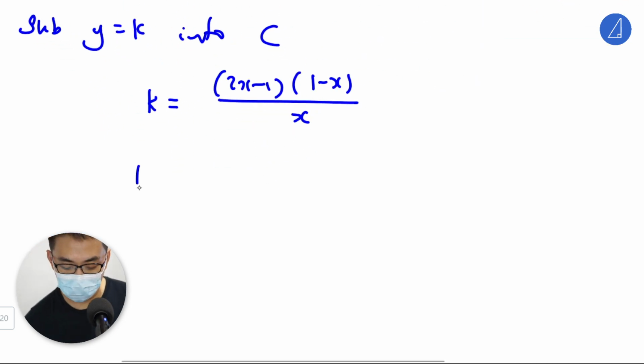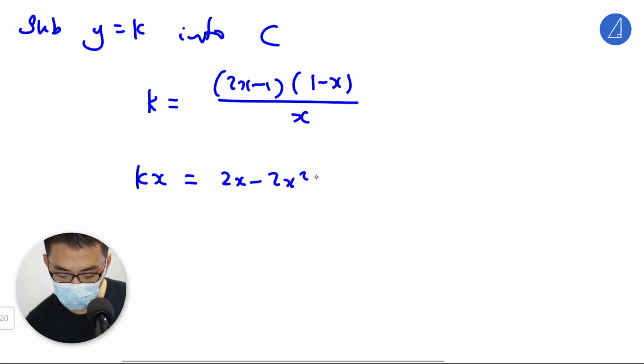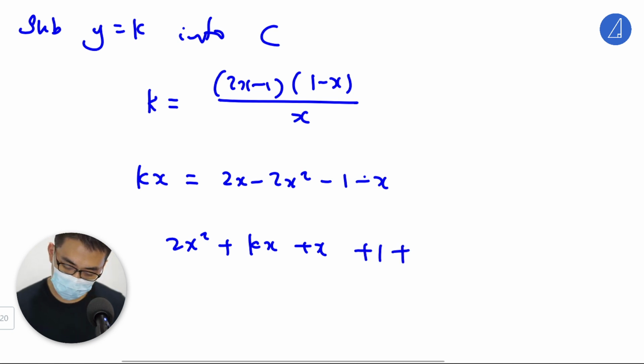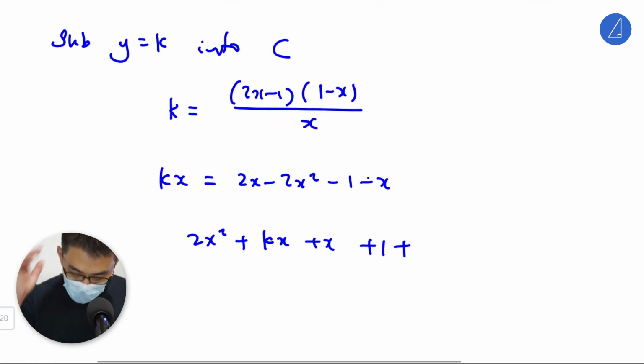Then you just expand. Then 2x minus 2x squared minus 1 plus x, which gives 2x minus 1.